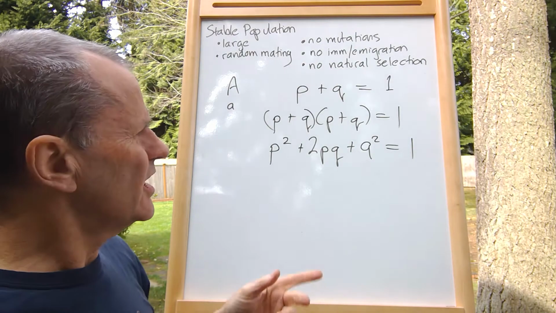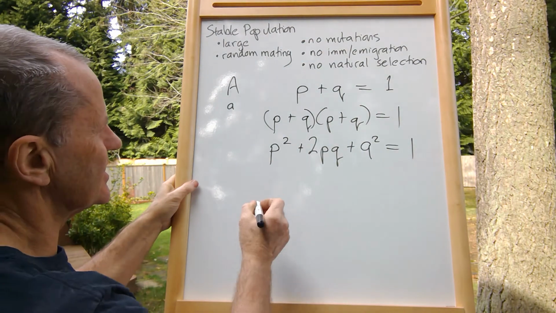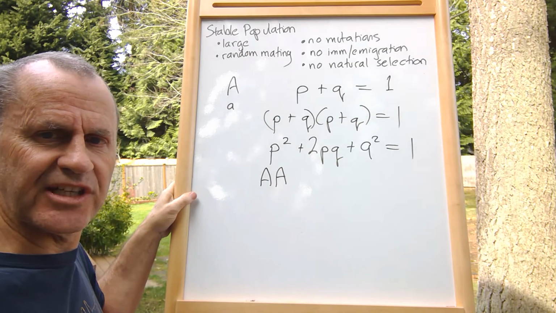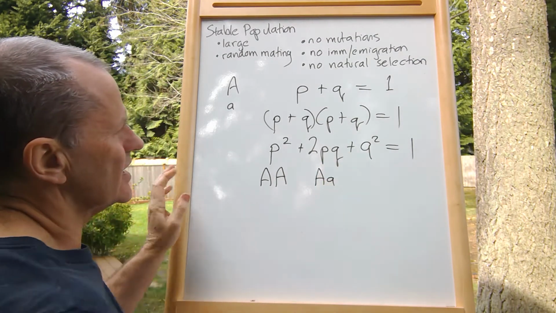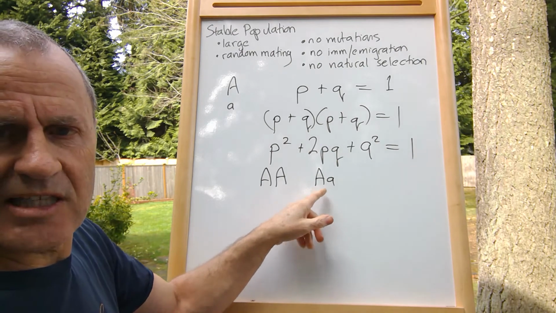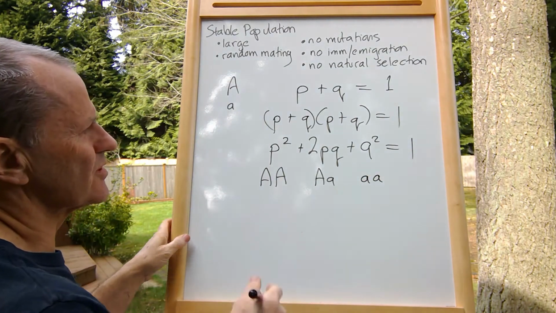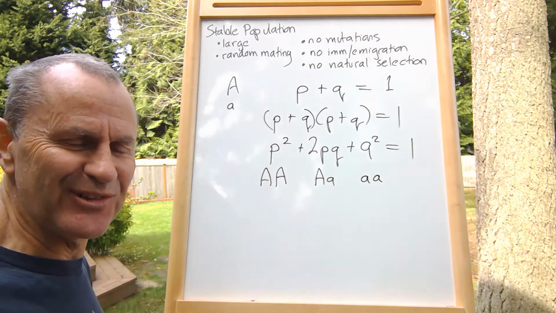And then here's the quite clever bit. p² ends up being the population of homozygous dominant. Here's your 2pq, and that ends up being the capital A small a, the heterozygous, and the q² then equals small a, the homozygous recessive.